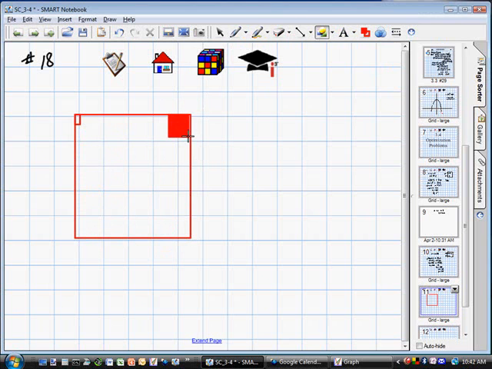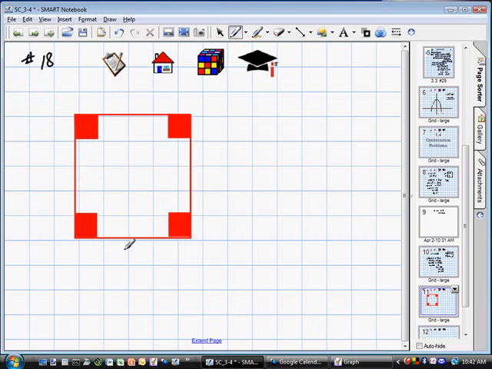So we cut out a corner. We do that in all four corners. I won't draw the fold lines in, but you can see how that would work.